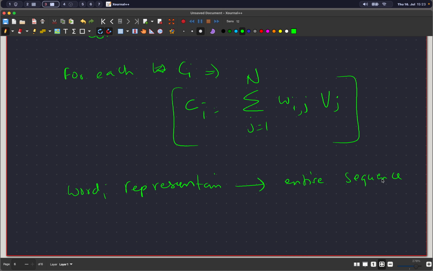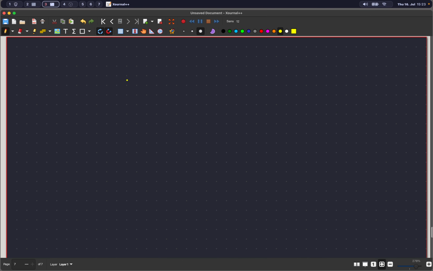So let's understand it. Let me make a table and let's see what I mean by that. Suppose we have q, k, and v, with n equals, let's say, 3. So we have 3 words in our corpus and dk is equal to 2.